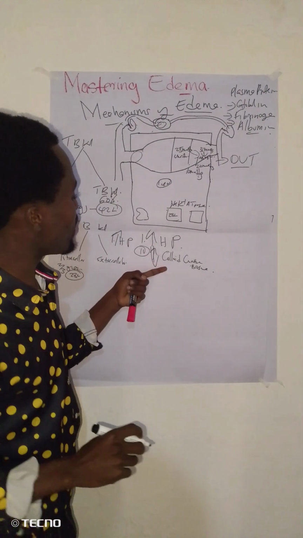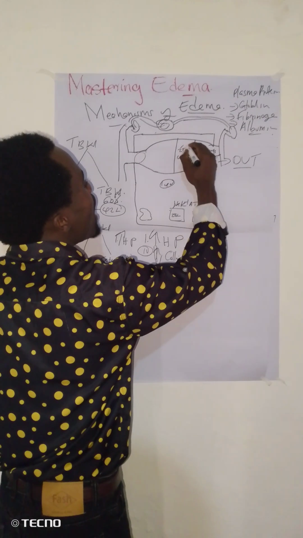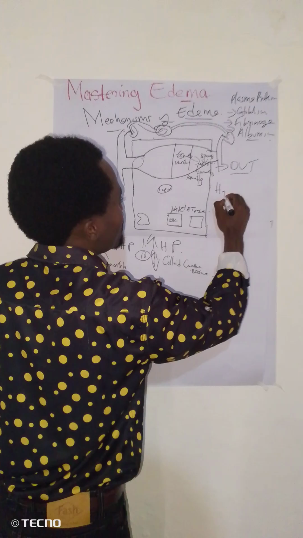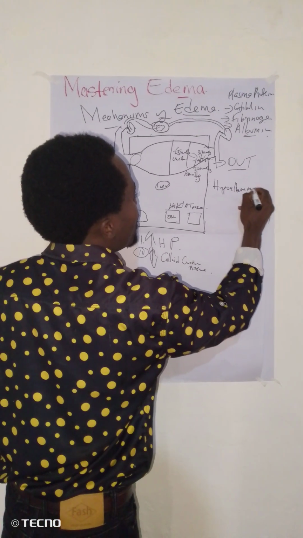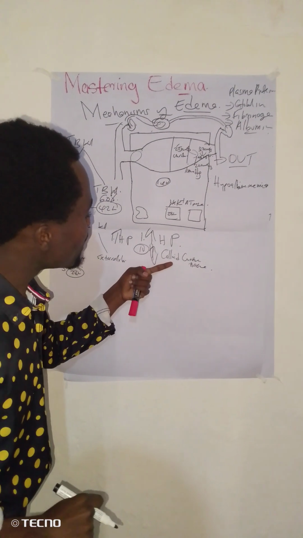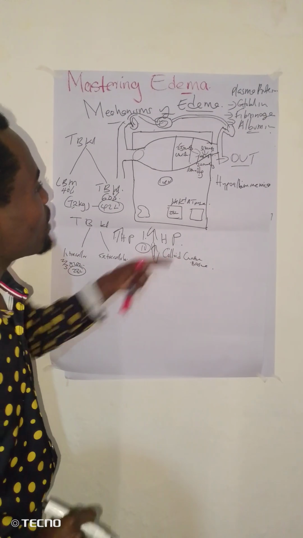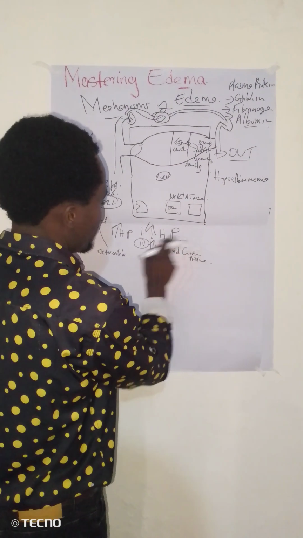So when there is reduced albumin, we say hypoalbuminemia. That determines this level of pressure, and we say that the pressure will reduce.